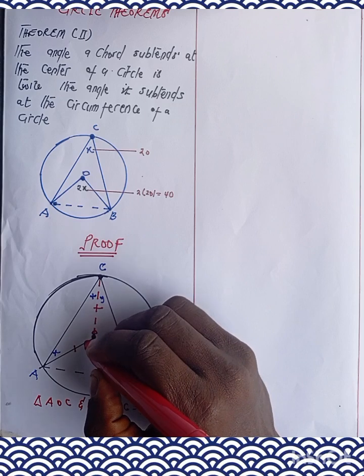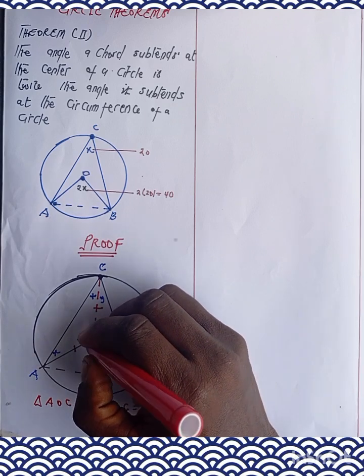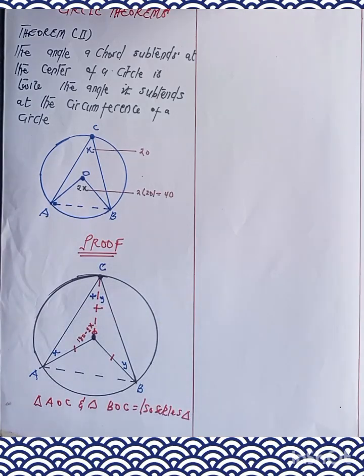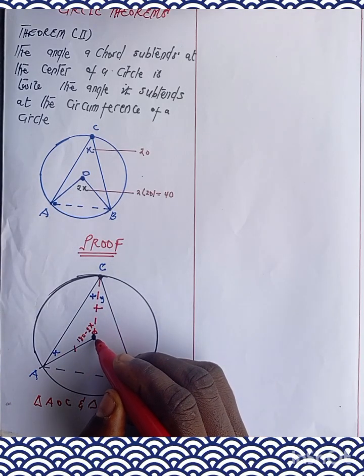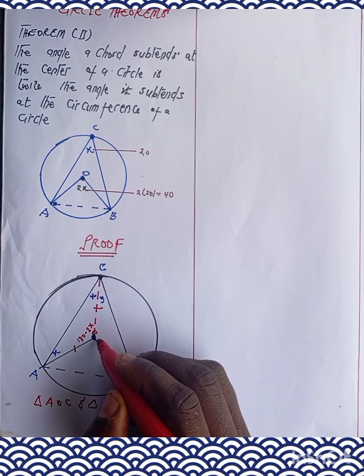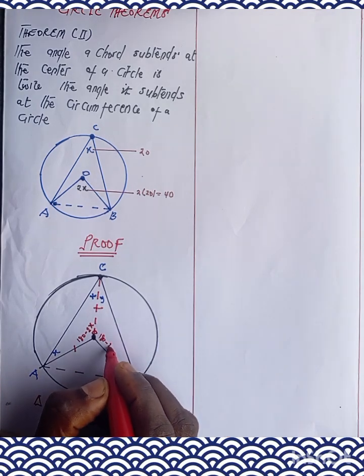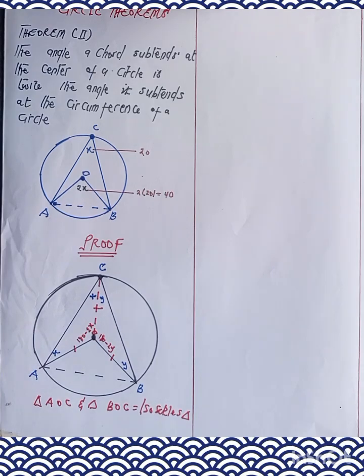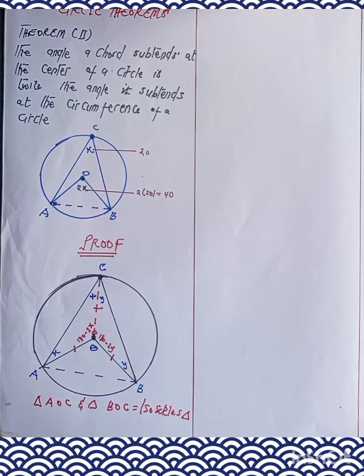Therefore, you can say that this angle is equal to 180 minus 2x. And this angle, together with y plus y, is equal to 180, therefore this very angle is also equal to 180 minus 2y. Good. Now let's call this angle theta.